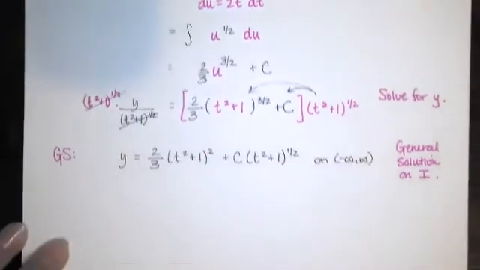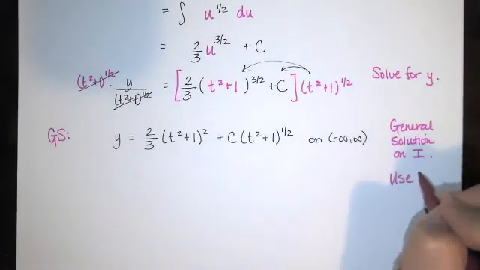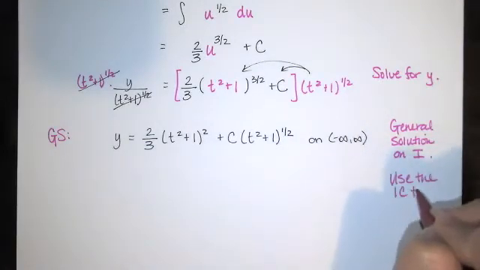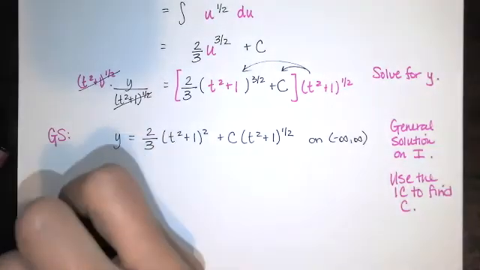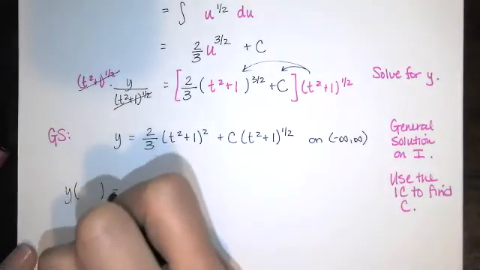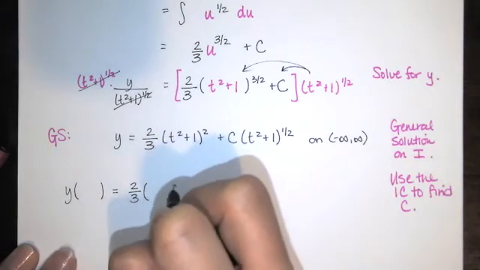So to do that, we're going to use the initial condition to find the value of C. It's actually pretty easy. You replace t with 0 because we were given that t equals 0.